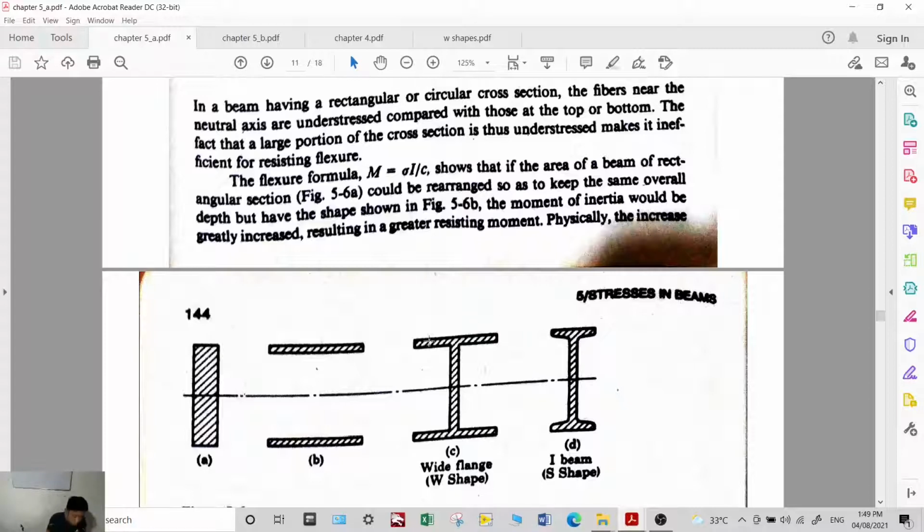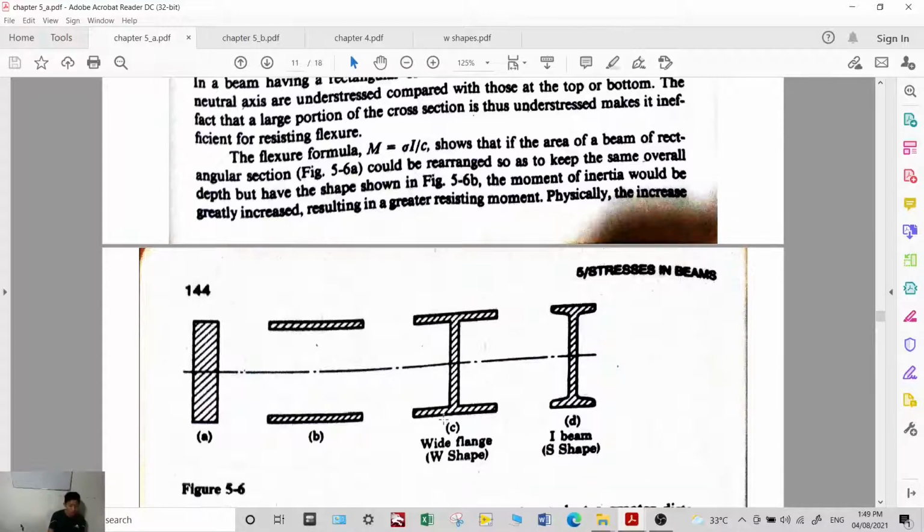You usually see this in structures, for example the new building of our College of Engineering. Usually the beams used are wide flange or I-beams. The importance of this is that the moment of inertia is greatly increased, right?